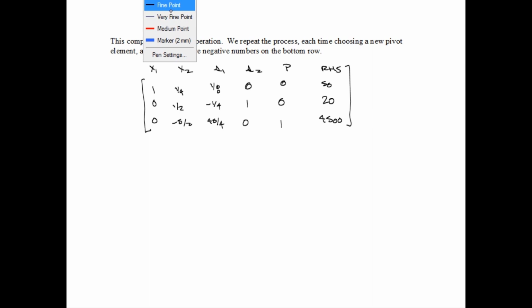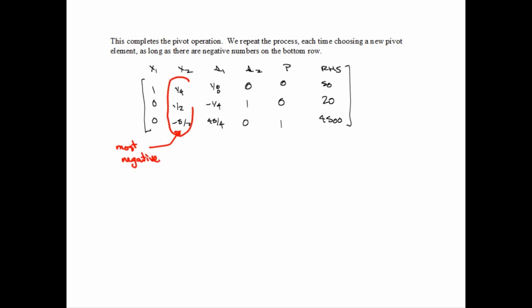What we're going to do is choose the most negative number on the bottom row, and in this case we only have one negative number, and so this will automatically be our pivot column. Then we come to the right hand side. We're going to form quotients using the right hand side and any positive numbers in the pivot column.